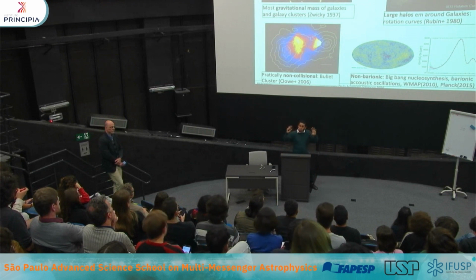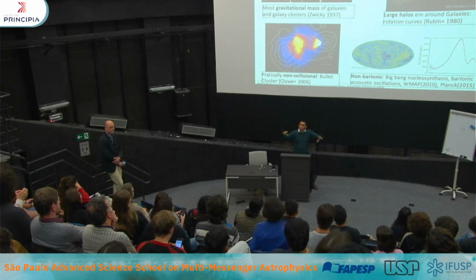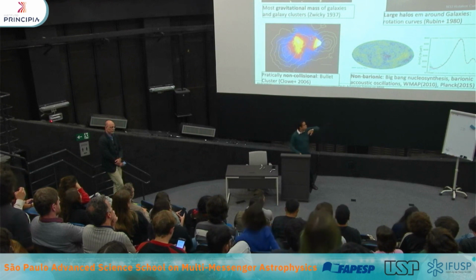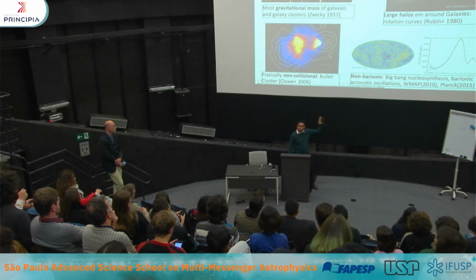So it means that most of the structures had exactly that scale at that time. If you don't assume a new particle in the thermal bath, a cold dark matter particle, you can't explain this. It's as simple as that.